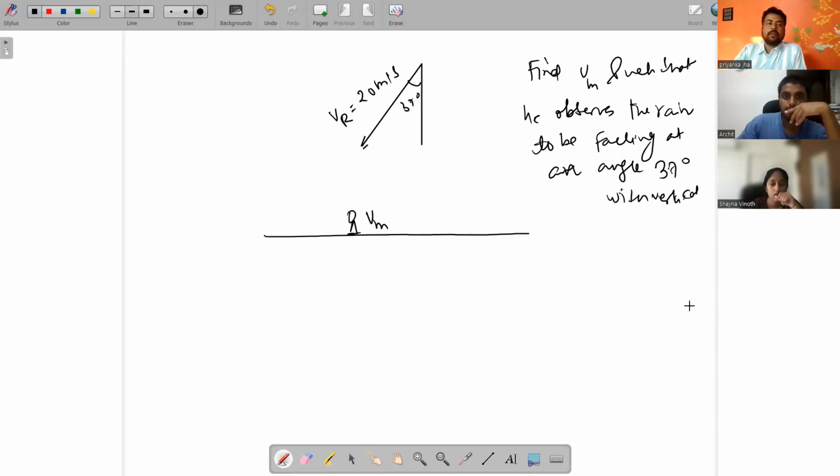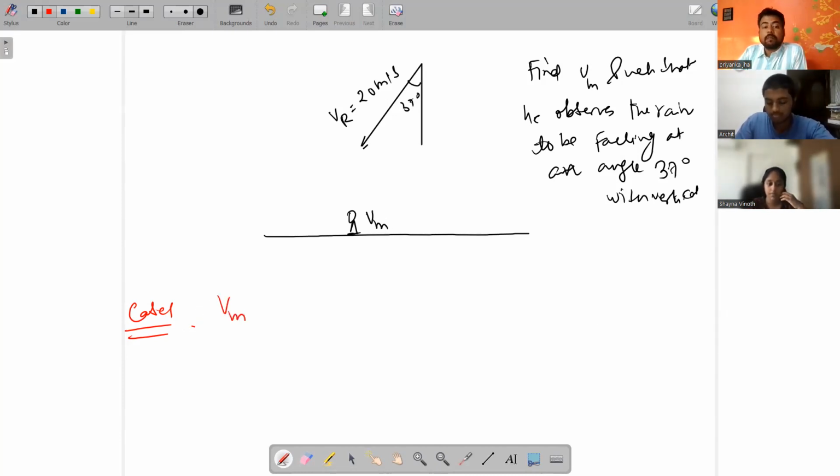See, I'll solve it, don't worry. See, case 1. Rain is falling at 37 degree, and you have to find the velocity of man, so that man will observe that rain is falling at 37 degree with the vertical.